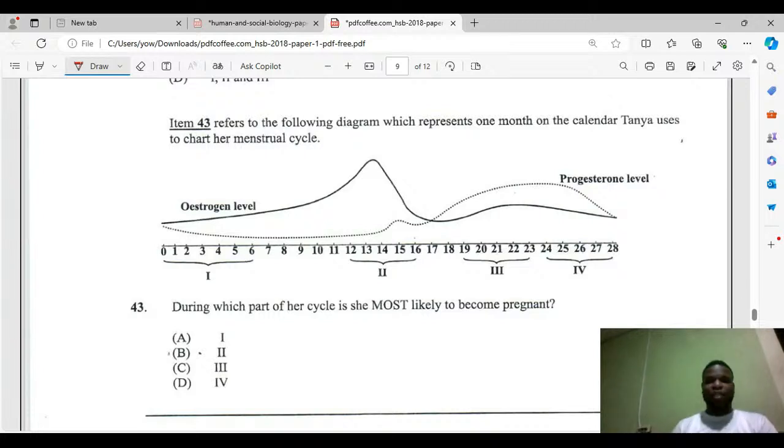It will have to be B, around 12 days to 16 days, where we can see the level is high. Right in the middle phase. So let's put B there.